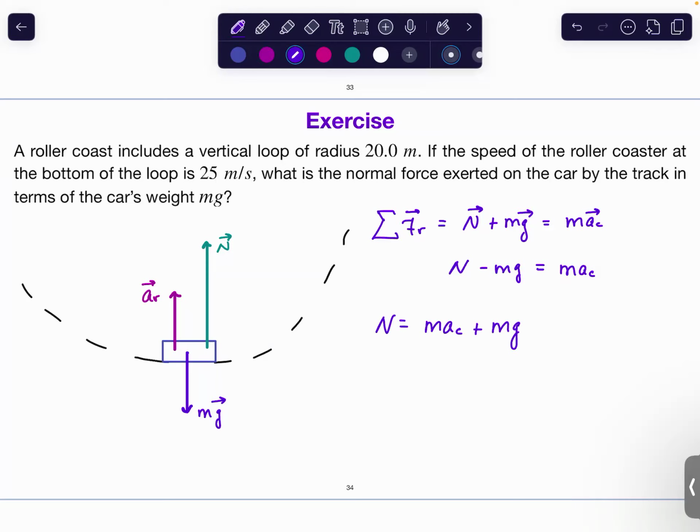At this point, centripetal and radial, you can interchange them. But eventually, when we talk about centrifugal force, you'll have two radial forces: inwards, which is centripetal, and outwards, which is centrifugal.